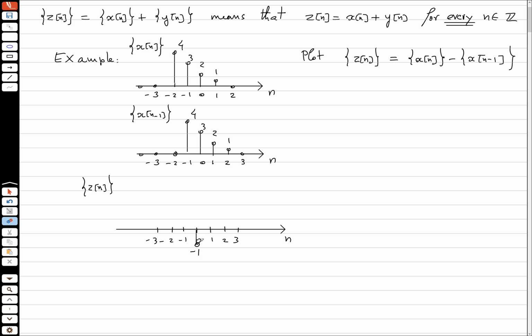What about at 1? The same thing? What about at 2? Again?